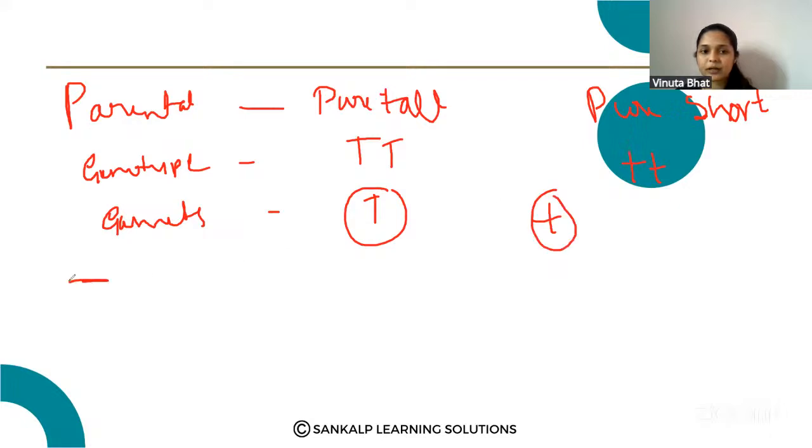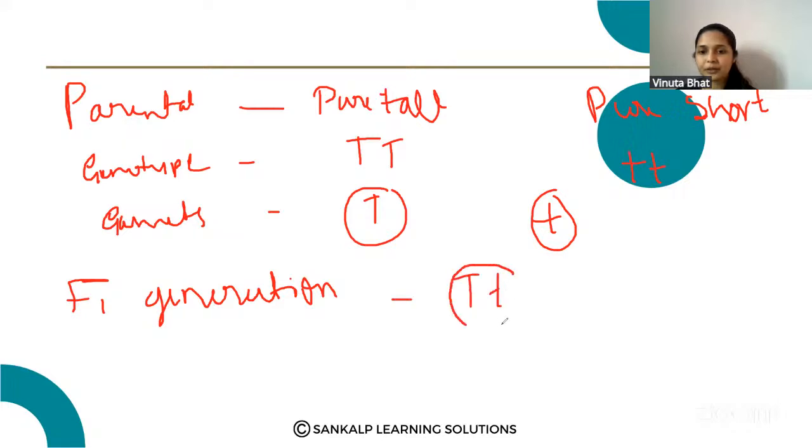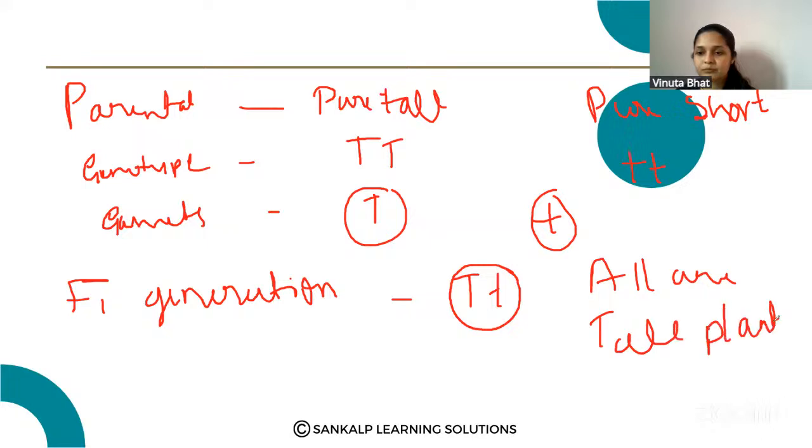In the F1 generation, all plants have the genotype capital T, small t, and all are tall plants in the F1 generation.